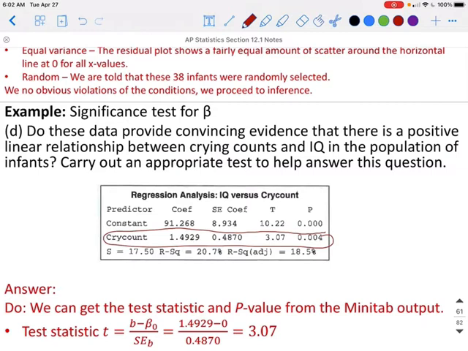We can calculate the t-value by doing our b minus our beta sub 0, which was 0. So we're going to do our slope, 1.4929 minus 0, all over the standard error of the slope, and we get 3.07. Or if we just look over, it does give us our test statistic of 3.07.